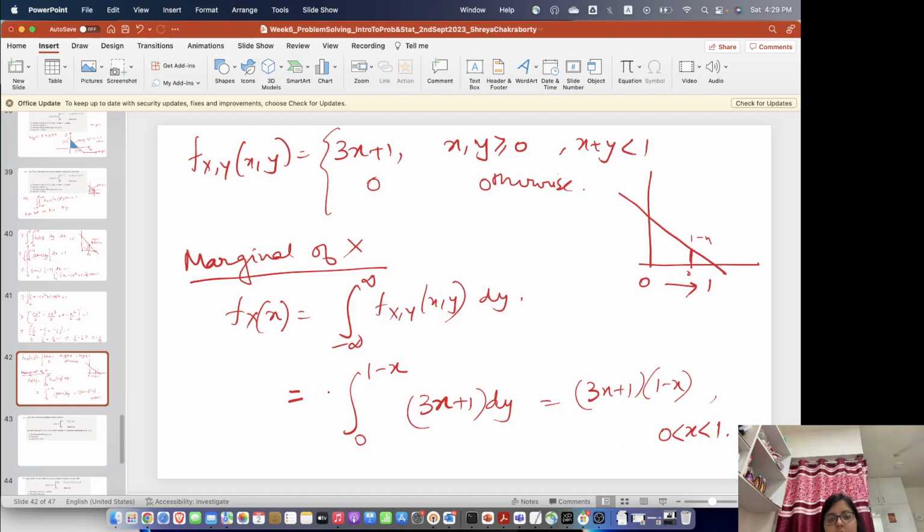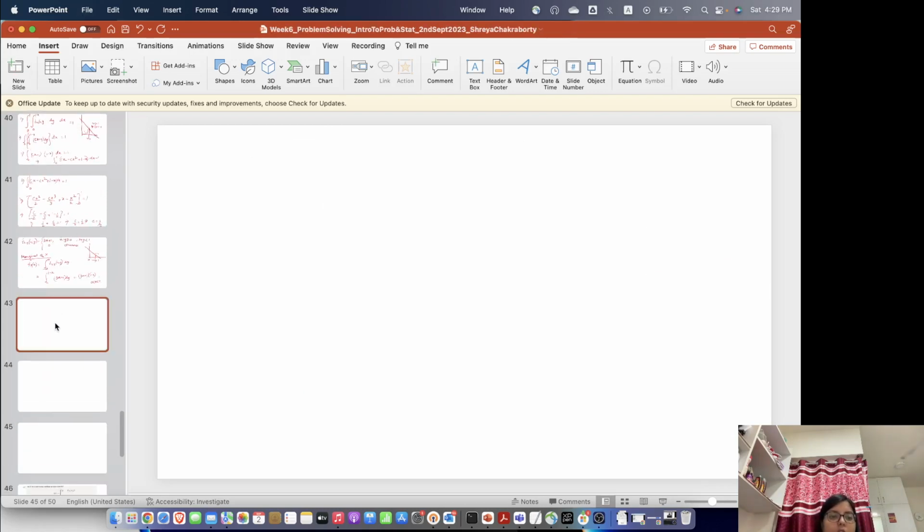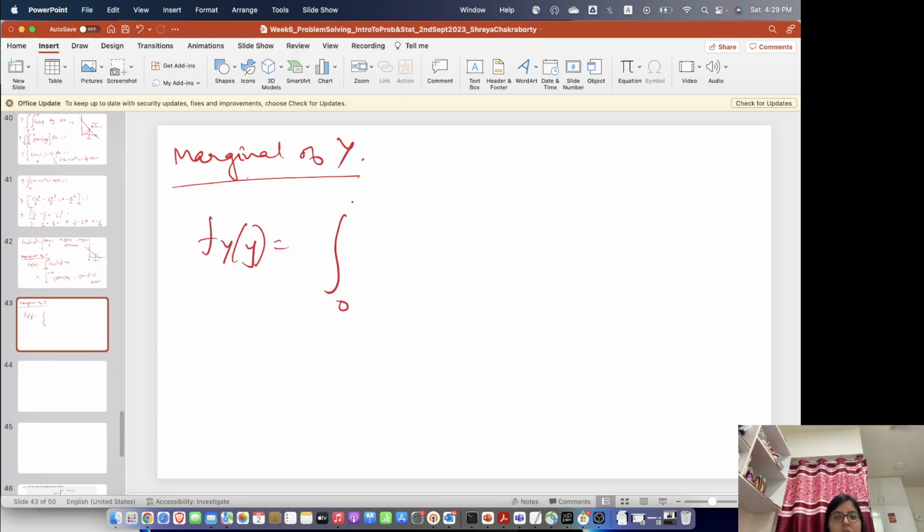Similarly, to find the marginal of y, we have to fix y. So same thing, f_Y(y) will be the integral from 0 to 1 minus y of 3x plus 1 dx. So this was the range.